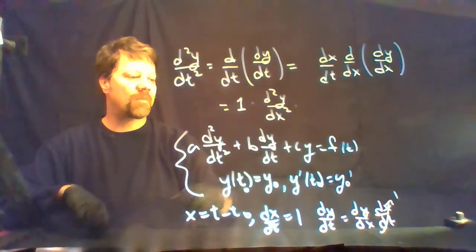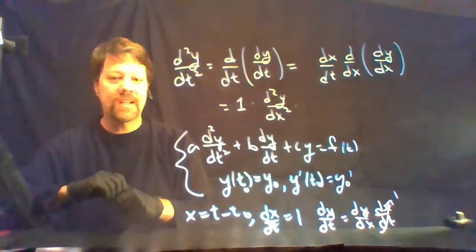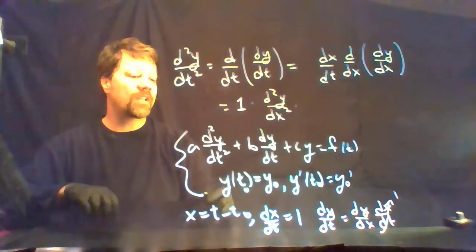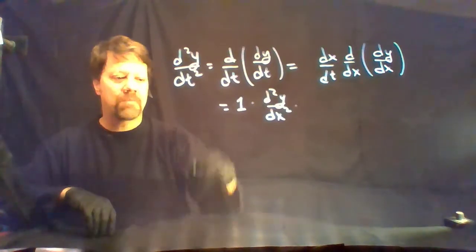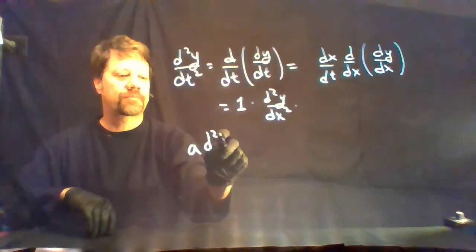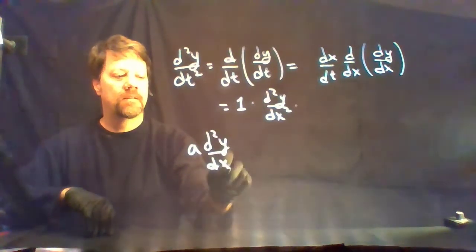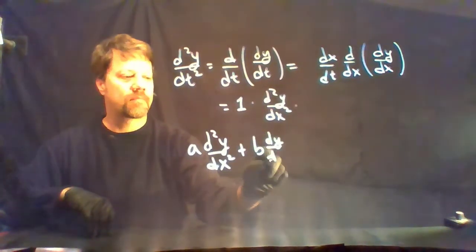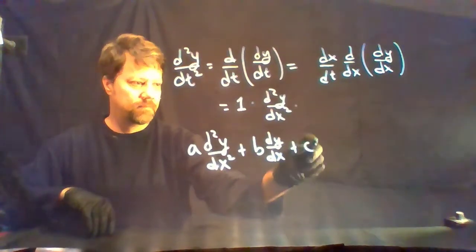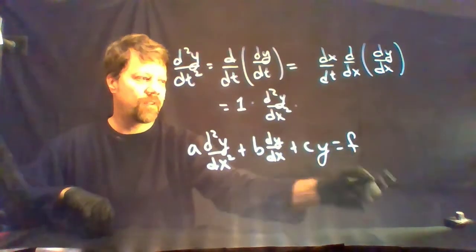Our initial value problem then can be re-expressed using x instead of t. The initial value problem is transformed on the right-hand side.